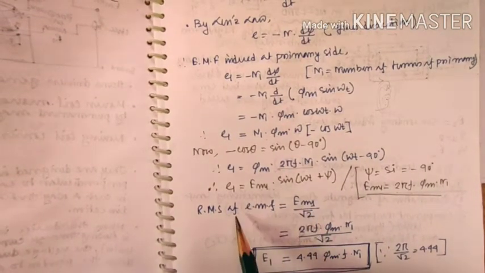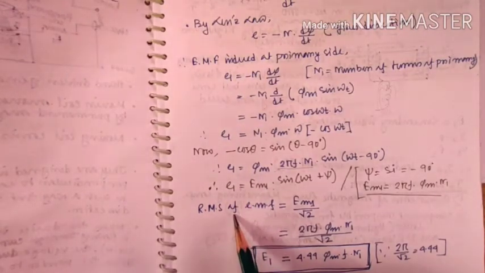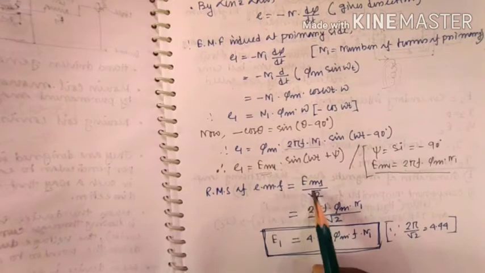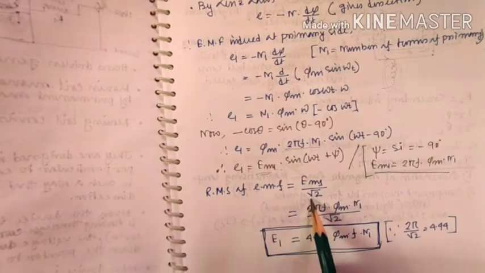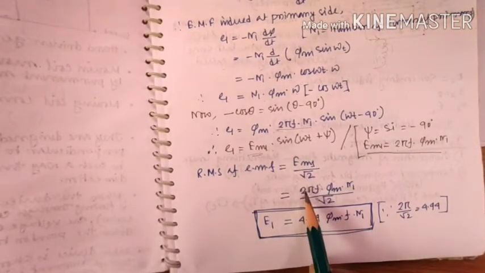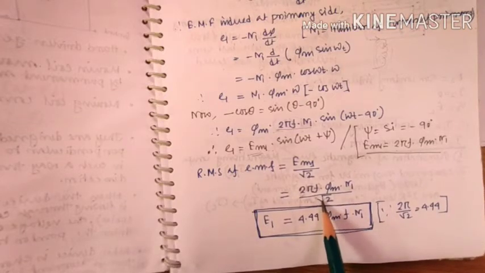Now this is the induced EMF in the primary winding. If we want to find the RMS value of that EMF, then it will be EM1 divided by root 2. Now EM1 is equal to, we already know, 2 pi f phi m N1, divided by root 2.